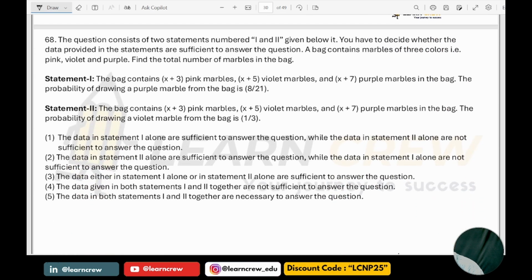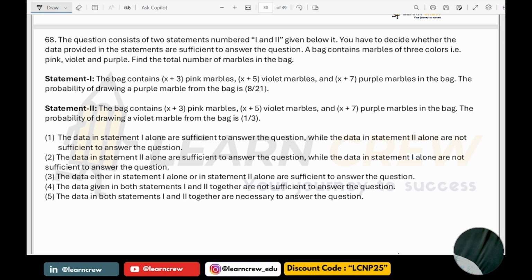Now 68. A bag contains marbles of 3 colors: pink, violet and purple. Find the total number of marbles in the bag. Statement 1: the bag contains x plus 3 pink marbles, x plus 5 violet marbles, x plus 7 purple marbles. The probability of drawing a purple marble from the bag is 8 by 21.